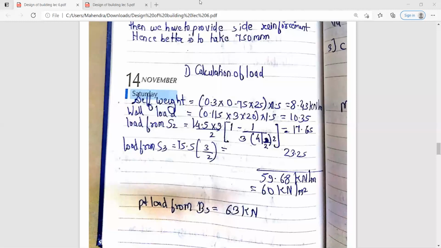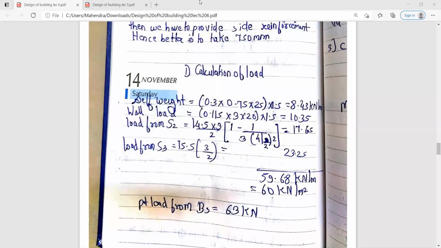How much load did we get for S3? 15.5. And what is the span of S3? Total span on which the slab S3 is lying, that is 3. So that's why 3 by 2. So how much load from the S3 came here? 23.25. So the total load will be 59.65 kilonewton per meter, approximately equals to 60.